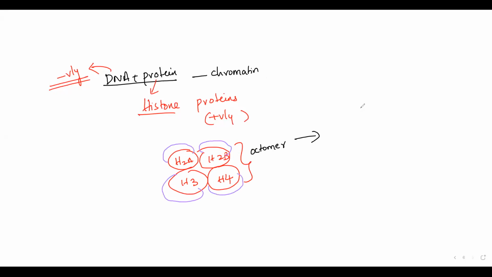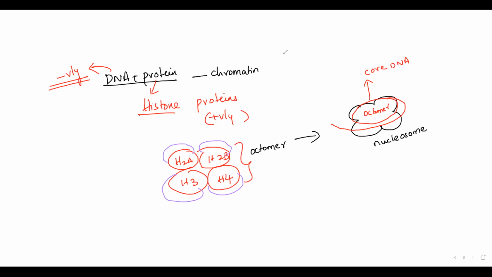And about this octamer, we have spoken that the DNA is going to coil. The DNA which is coiling on the octamer, this is your octamer, and this DNA is called core DNA. Together these form a structure called a nucleosome.